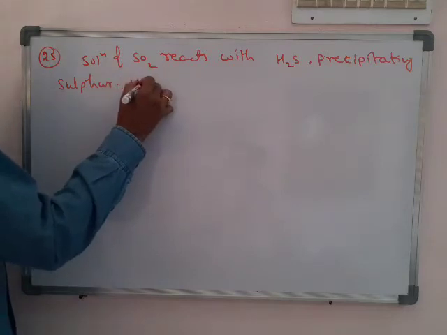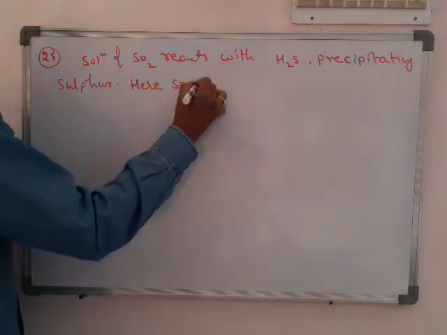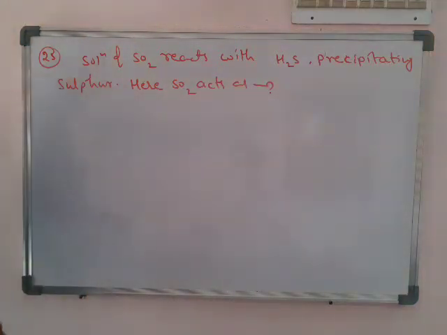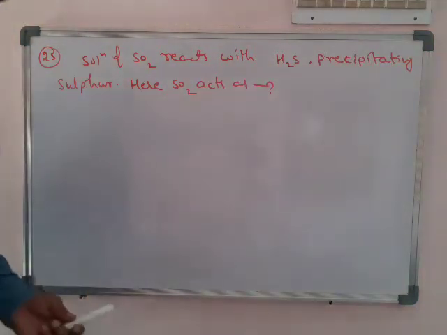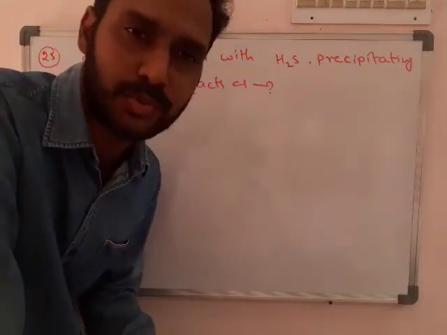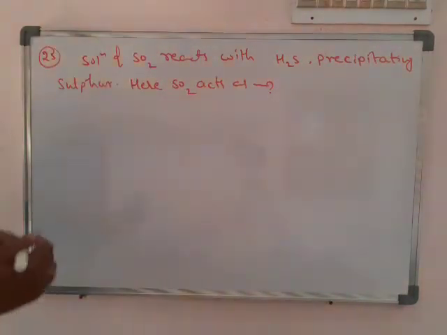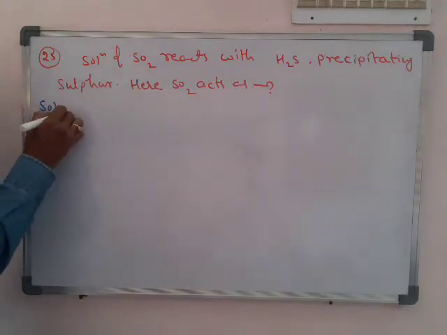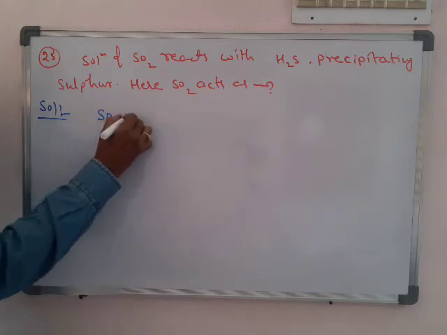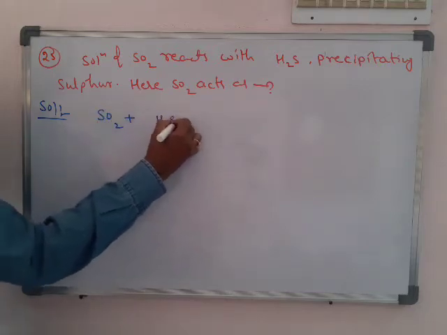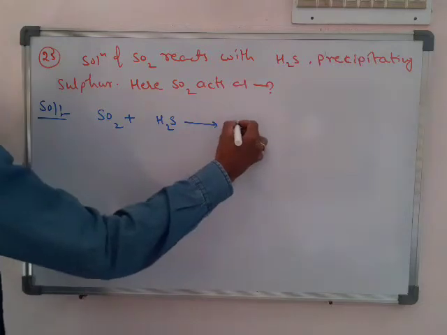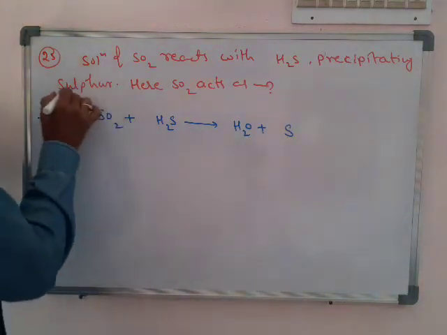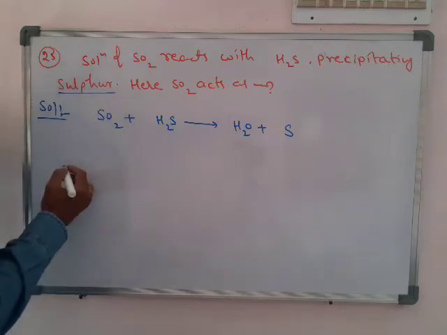The question is: SO2 acts as, and the options are oxidizing agent, reducing agent and another one. We know the reaction from the last worksheet: when SO2 reacts with H2S, it forms H2O and the sulfur is precipitated.